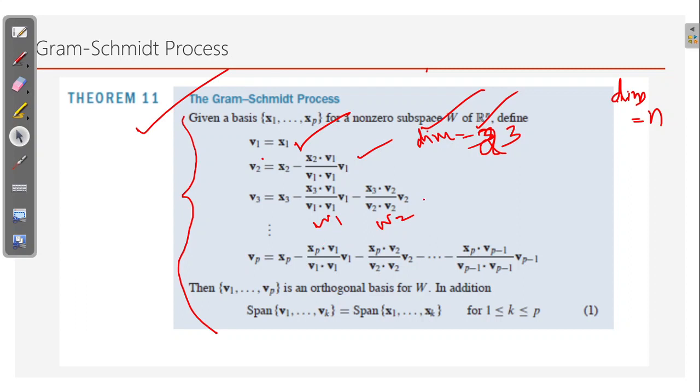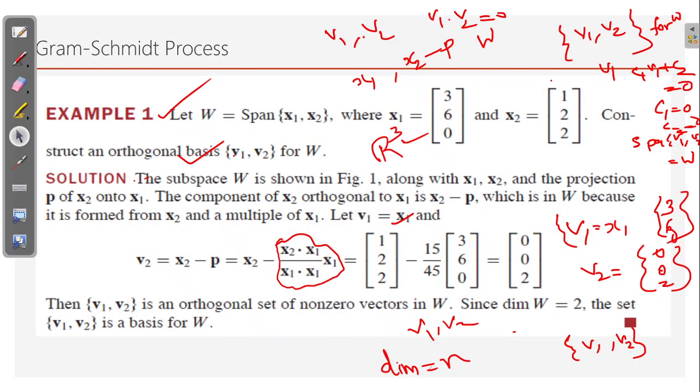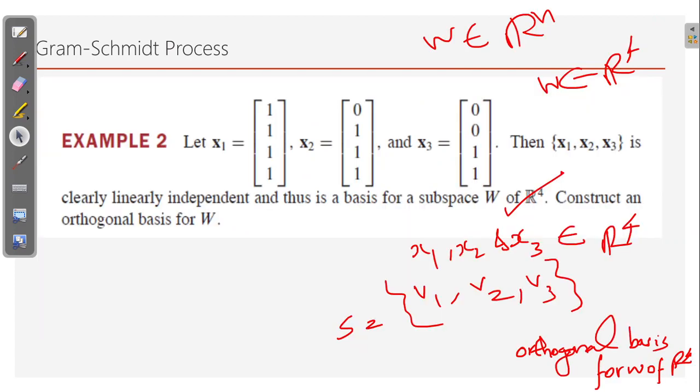So you can generalize from example 1 and example 2 to this dimension n. Then I will give you many exercises based on the Gram-Schmidt process and also previous concepts. You solve those problems and we will consider it as an assignment.